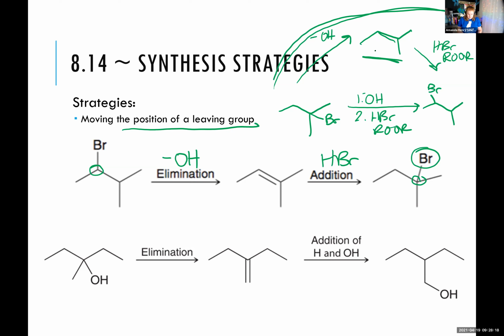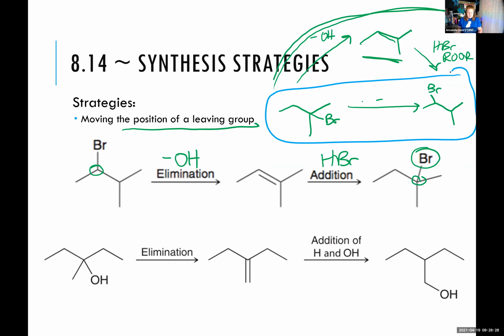So if your test question looked like this and it said, propose a synthesis for the following transformation, that just means, how can I go from this to this?